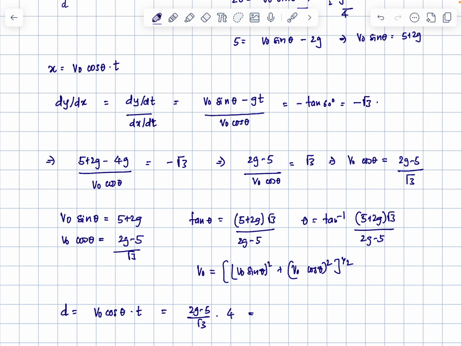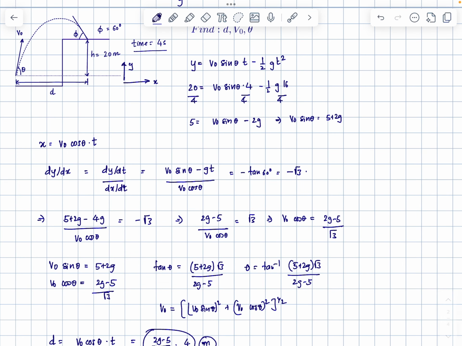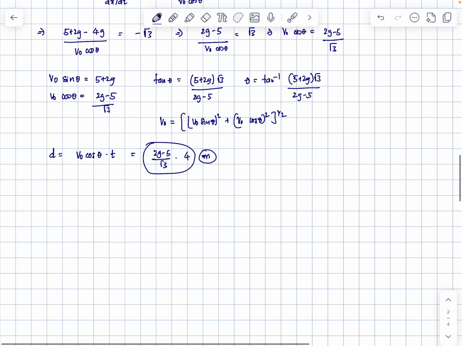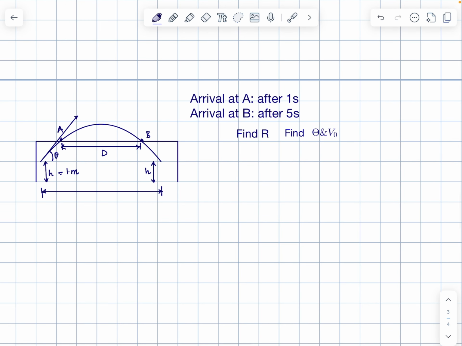And so this, in meters, will give you the value of the distance traveled. So this is a relatively simple and straightforward problem, provided you use calculus to solve this. So let's look at yet another problem.